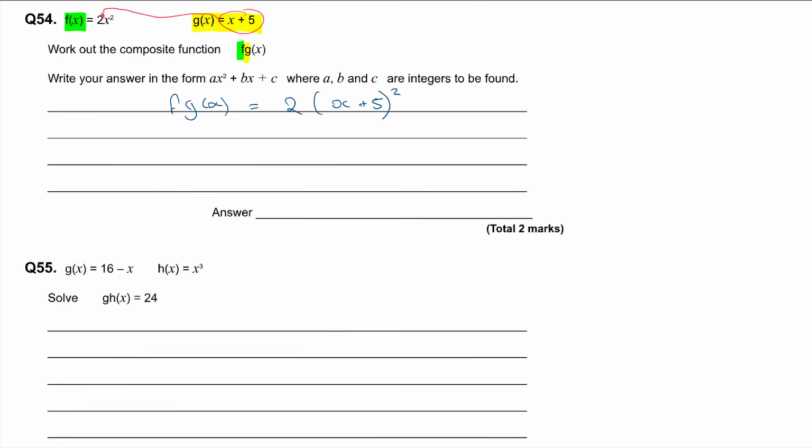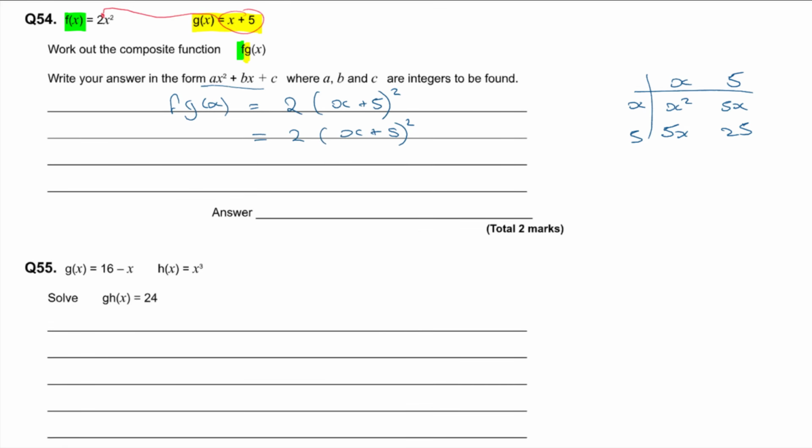Okay, now I need to write my answer in the form of a quadratic, so I'm going to have to multiply this out. So that's 2 lots of x plus 5 all squared. Now I said earlier you should really do this as a grid in an exam so you don't make mistakes. So that's going to be x squared plus 5x plus 5x plus 25.